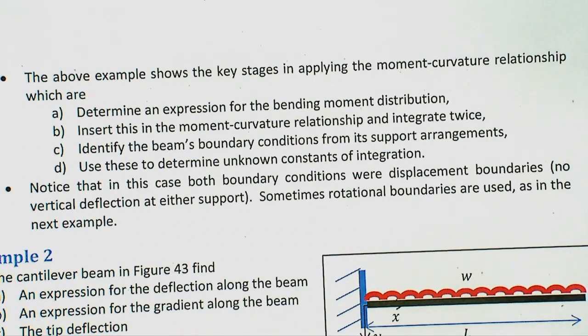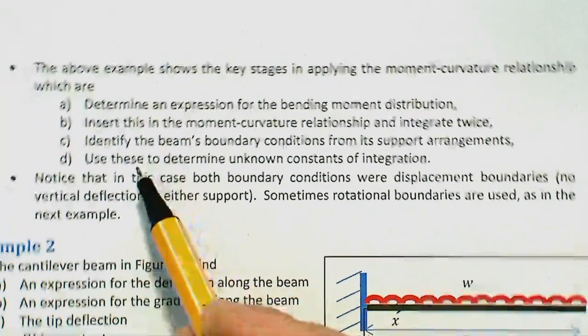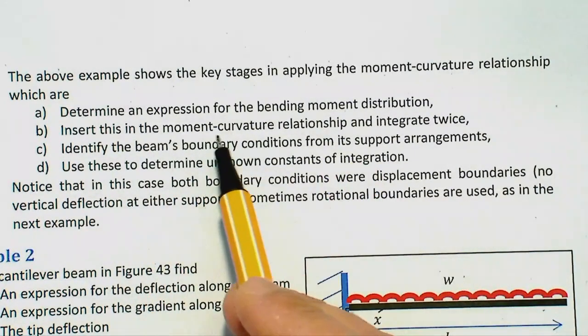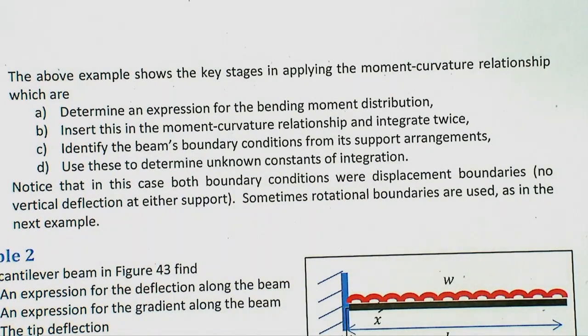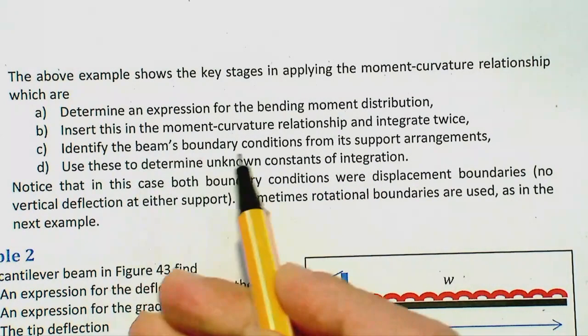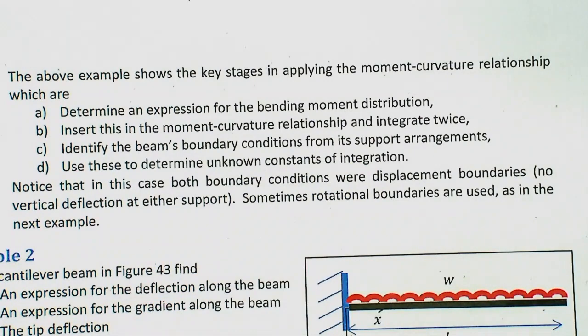And once we know that, insert this expression into the moment curvature relationship and integrate it twice to get the deflection. And identify the beam's boundary conditions from its support arrangements, and then that would give you the two unknown constants of integration.